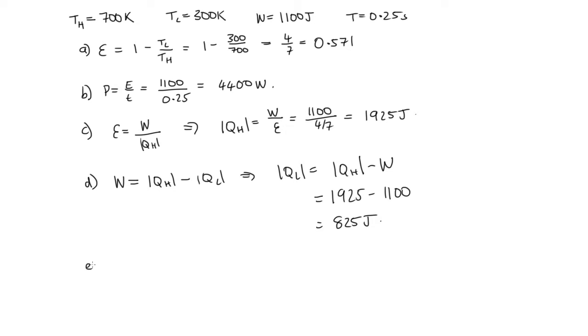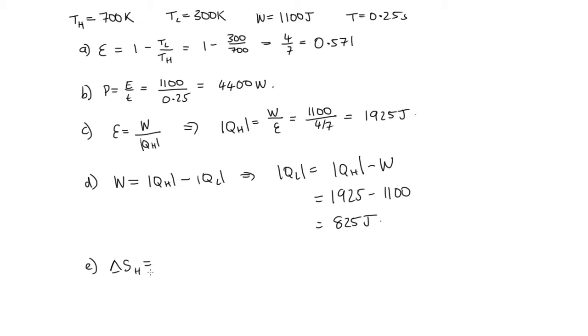Okay, and part E then asks us what is the entropy change of the working substance as a result of the energy transferred to it from the hot reservoir. Okay, so first of all, we're trying to work out the entropy change as the heat's transferred from the hot reservoir.